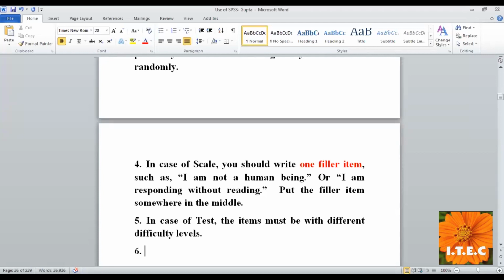Then when you are writing the item, you must know how many options you should have.